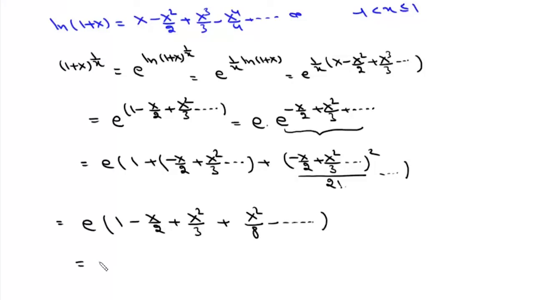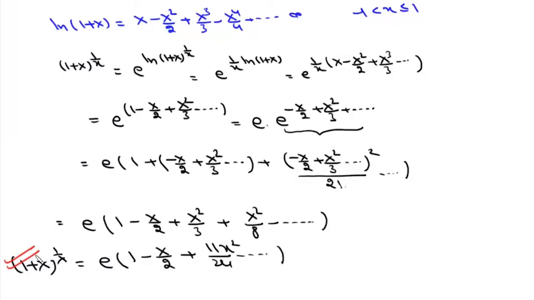So if we write the first three terms of this expansion, it will be 1 minus x by 2 plus 11x square by 24, and so on and so forth. So this is the expansion of 1 plus x to the power 1 upon x. We'll also be using this expansion formula.